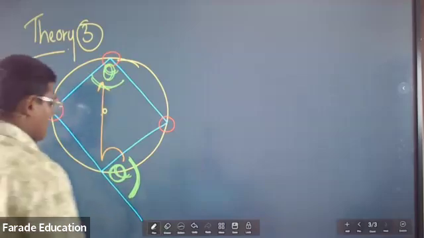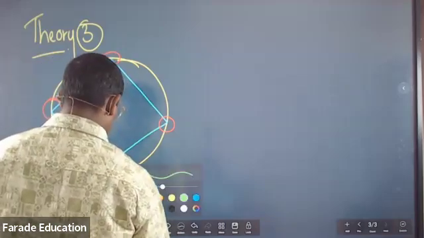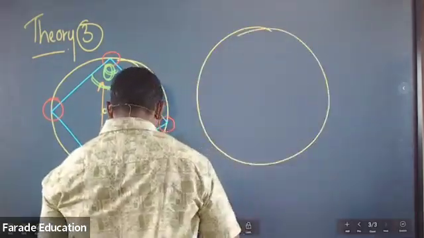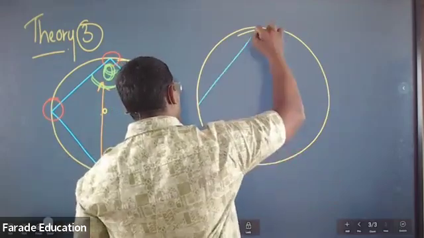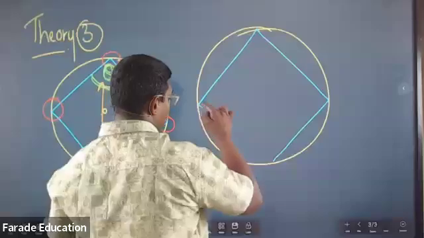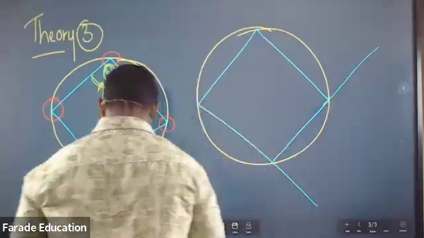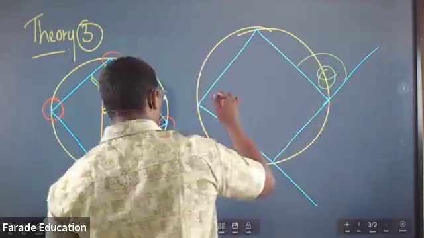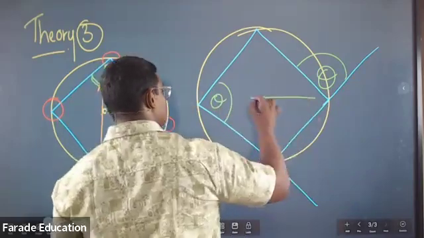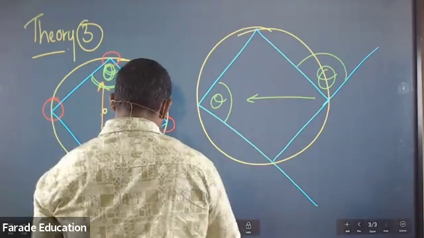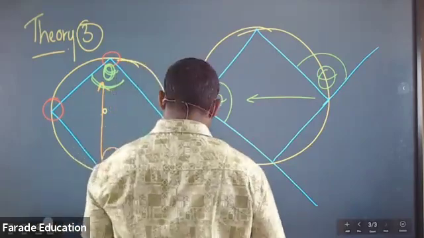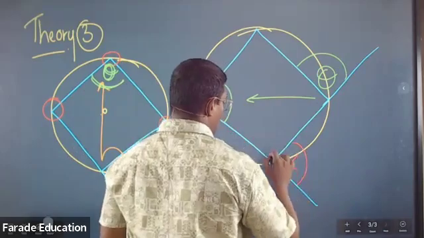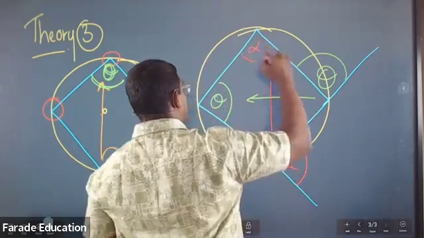In a cyclic quadrilateral, the external angle is equal to its internal opposite angle.